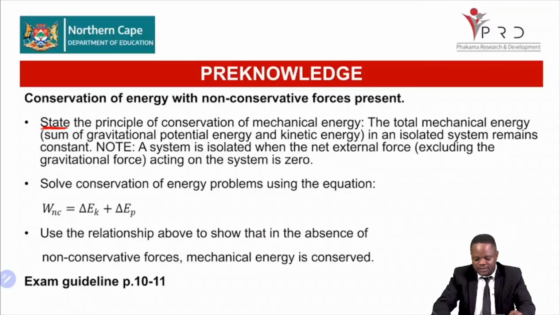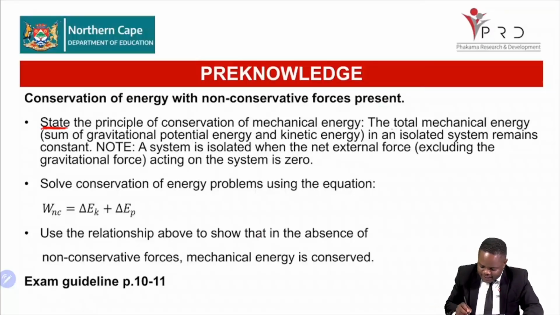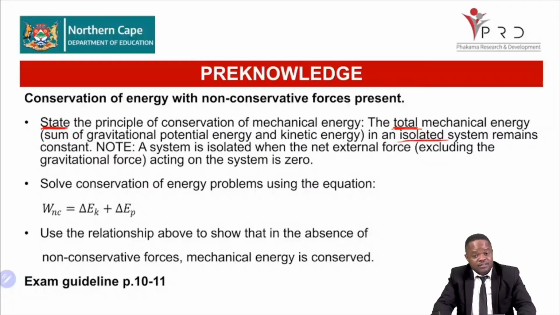What does it state? It states that total mechanical energy, and when you're talking of the mechanical energy, you're talking of the sum of gravitational potential energy and your kinetic energy, in an isolated system remains constant. So it remains unchanged.